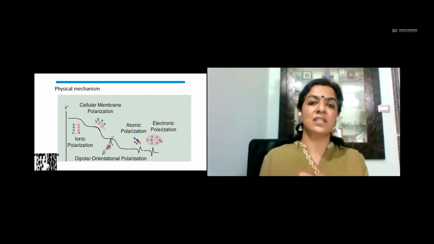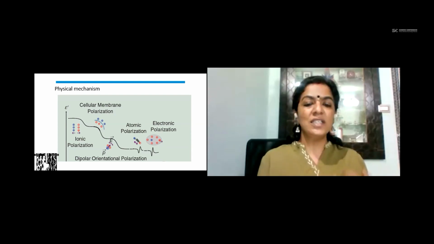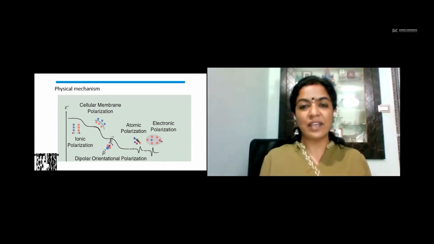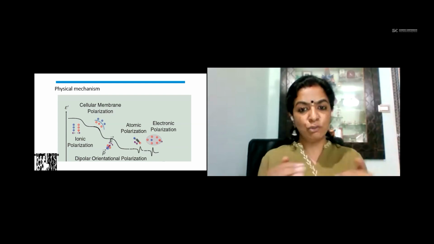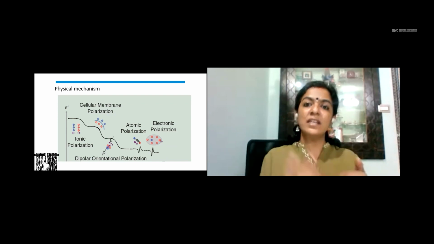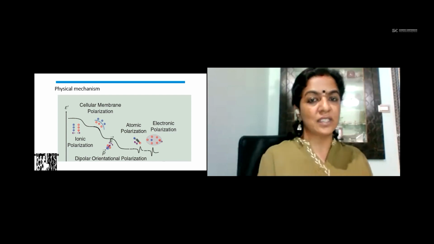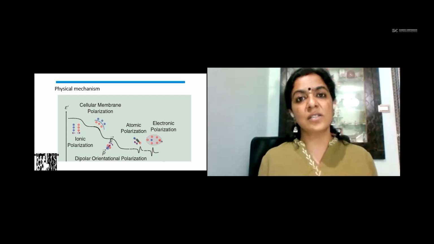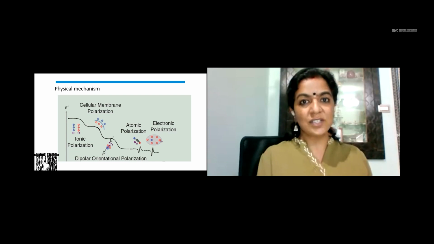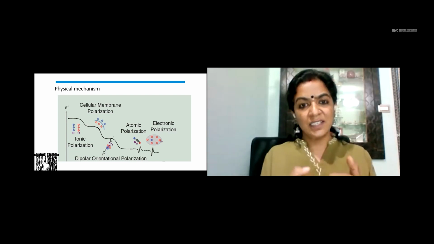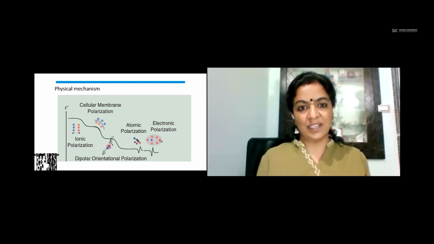These physical parameters are very sensitive to minor changes. And this is what we are trying to find out: even if a minor change happens, whether with respect to composition or structural alteration, this technique should be able to reflect that.